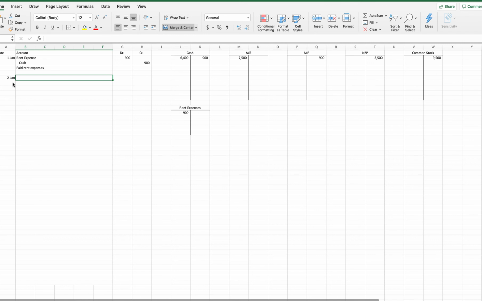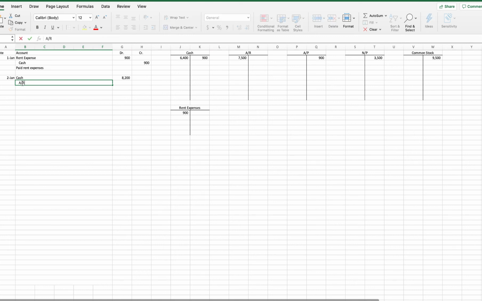So I'm going to debit cash for, I believe that was $8,200. And I'm going to decrease my other asset, accounts receivable, with a credit. So I list my credit second, I indent, and I type A/R for accounts receivable. And I type in my $8,200.